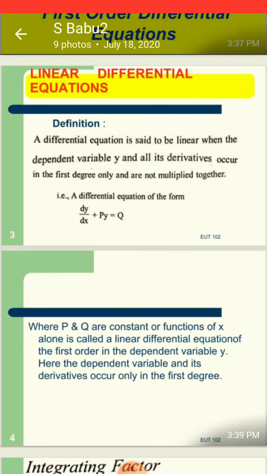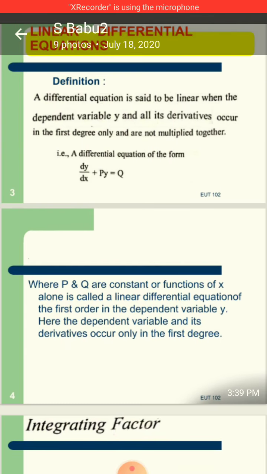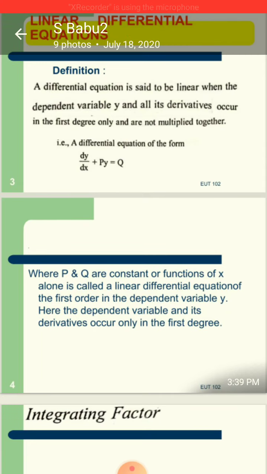Forming a differential equation, we have observed now. Now, I would like to consider order and degree. What is the definition of order? The number of differentiations we do in the differential equation is known as the order of a differential equation.